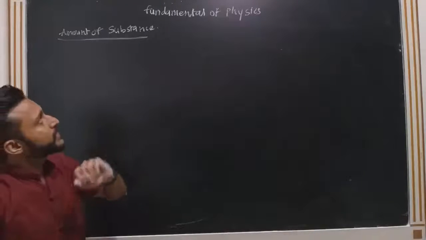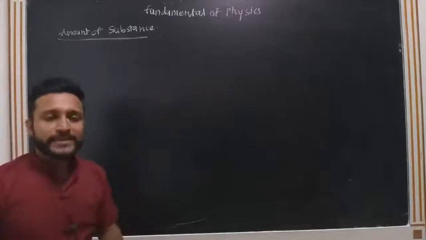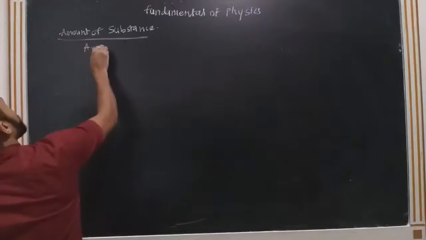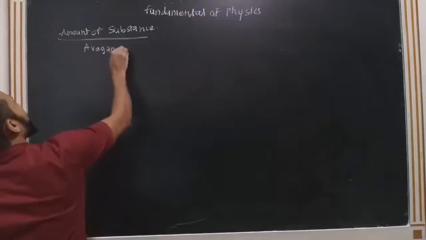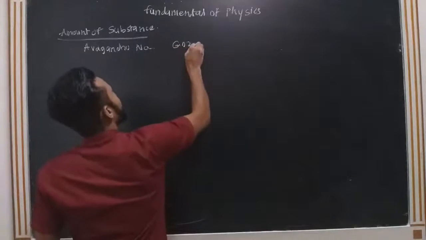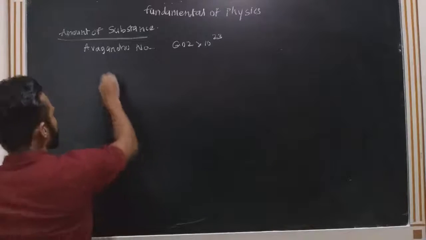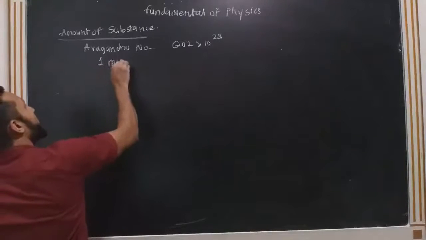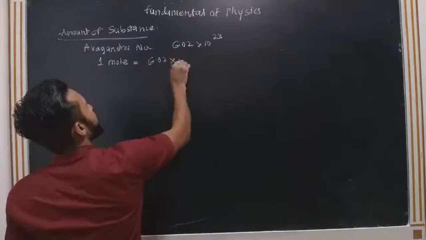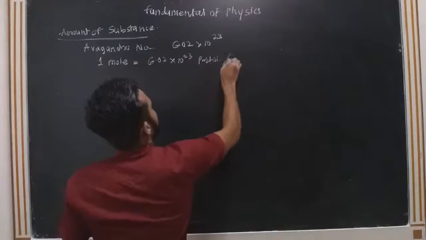So how can we measure this matter? The matter can be measured in mole. We know the Avogadro's number, which is equal to 6.02 × 10^23. So 1 mole is equal to 6.02 × 10^23 particles, or we can say atoms.